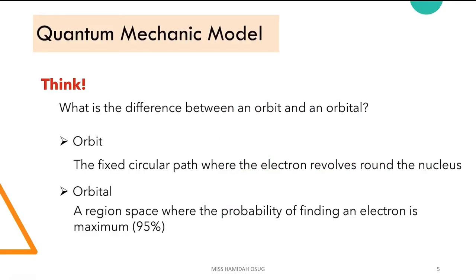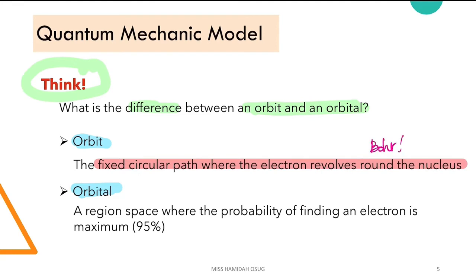Before we go any further, let's think about the difference between an orbit and an orbital. Like we have learned before, an orbit is a fixed circular path where the electron revolves around the nucleus, while an orbital is a region of space where the probability of finding an electron is maximum, which is 95%.